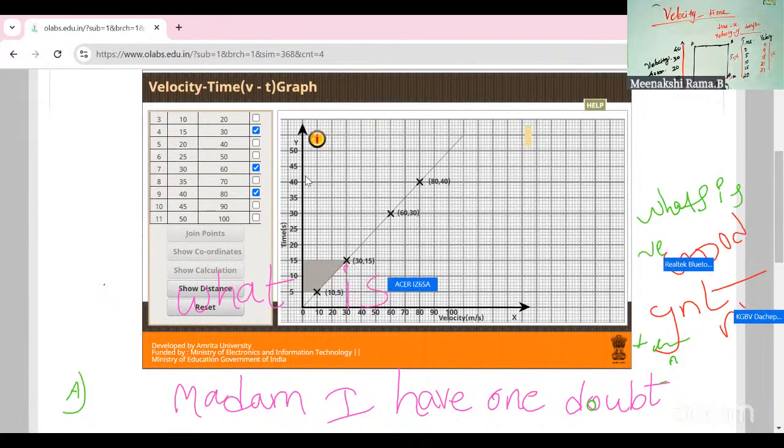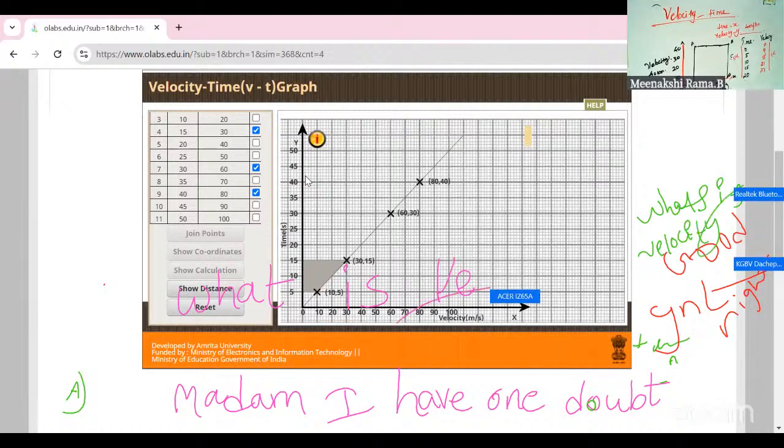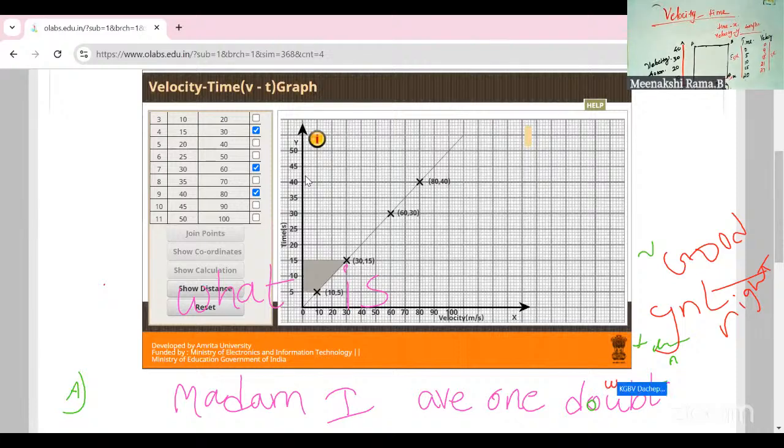The first question has uniform motion and then velocity. Yes, this is the third question, I think. What is uniform?